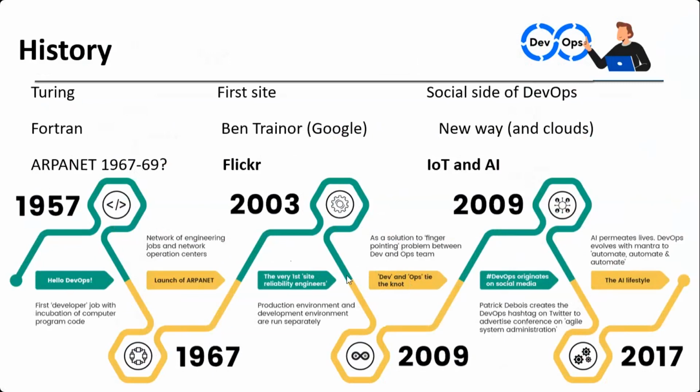And a few more histories of DevOps: in 2018, though not stated here, we have Kubernetes become the standard, and then GitHub Actions was introduced. Of course, Kubernetes was developed by Google. It became the standard for what we call container orchestration, which has been adopted across the industry.